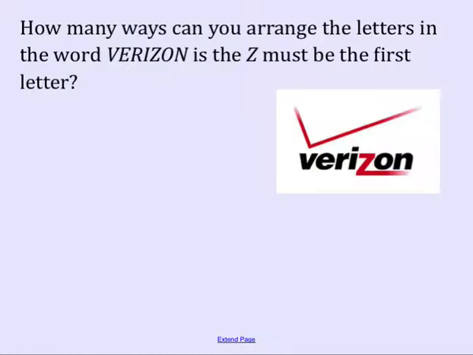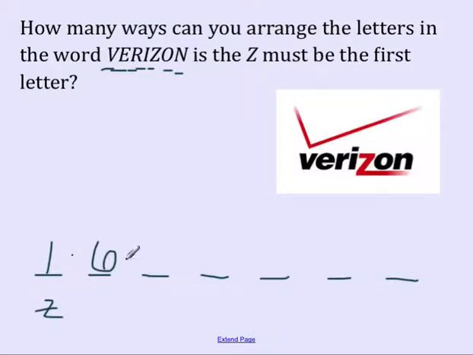How many different ways can you arrange the word Verizon if Z must be the first letter? Well, how many letters are in Verizon? We have 1, 2, 3, 4, 5, 6, 7 letters. So I have 7 blanks. But now we're saying this first blank has to be Z, and there's only one way that that first letter can be Z. So then, if there's 7 letters and the first one's Z, for my second, I only have 6 choices.